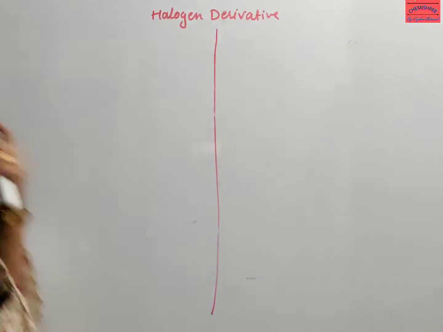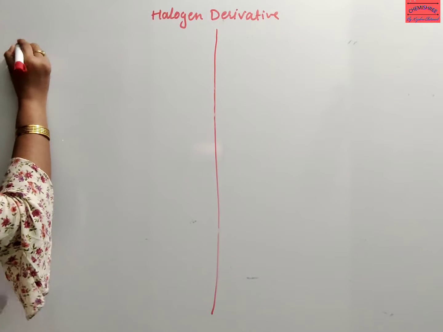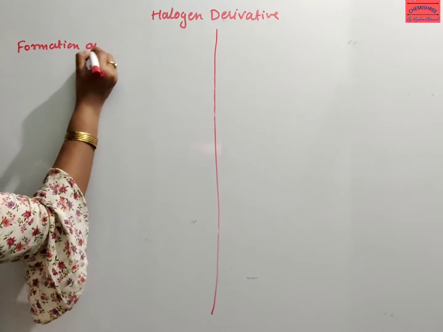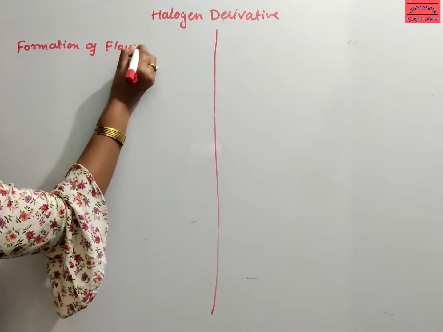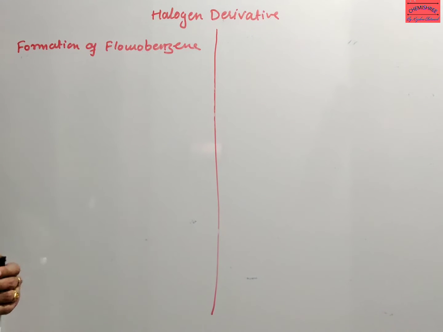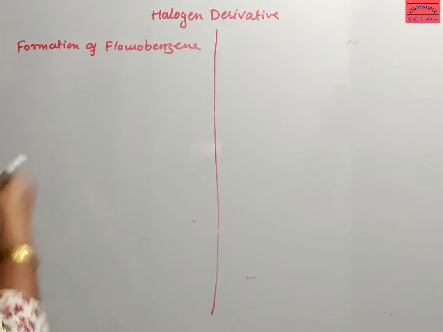Last reaction, preparation of fluorobenzene, but that is also not given in your board textbook. It is there in board textbook, but it is there in chapter amines. But if you are studying for JEE and NEET, it is given in this chapter only, halogen derivative. Just see formation of fluorobenzene. So again you require benzene diazonium chloride.